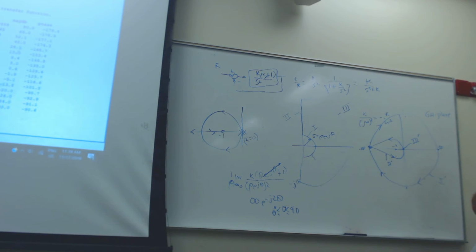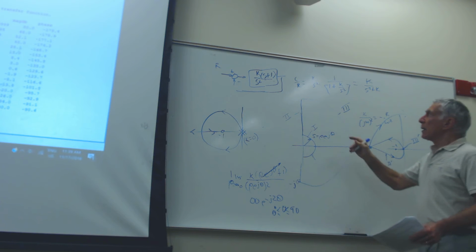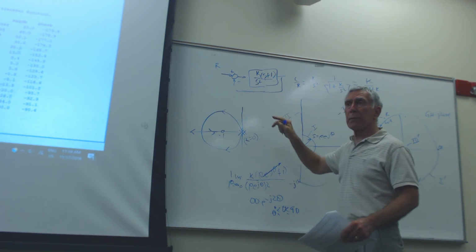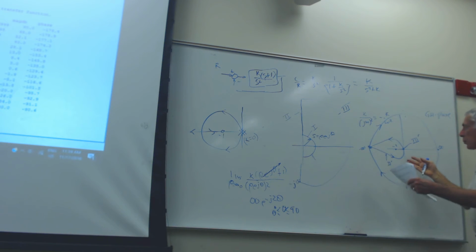Notice that for all positive values of gain k, the Nyquist diagram will look like this, basically like this. In other words, how many net clockwise encirclements of the minus 1 point do we have? 0, right?